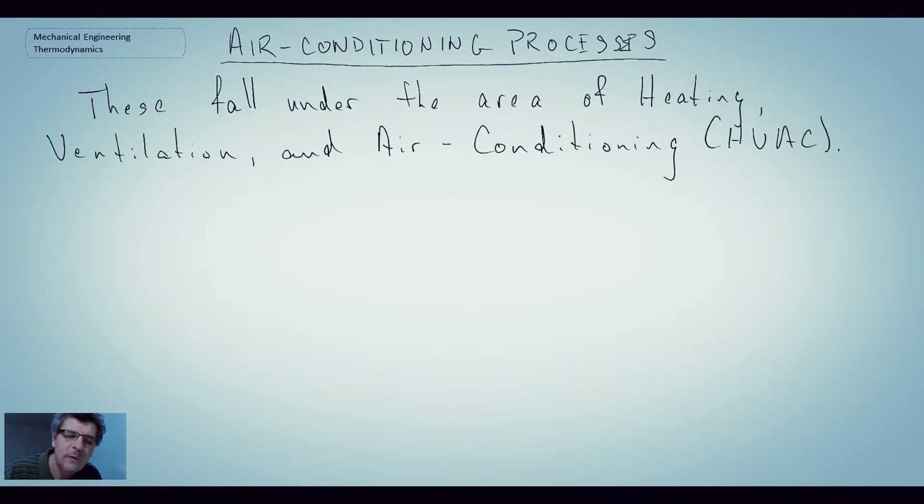So with this, we're going to be looking at different air conditioning processes. Now these would be air conditioning processes, for example, in the building that you might be currently in. So heating, cooling, humidification, things like that.